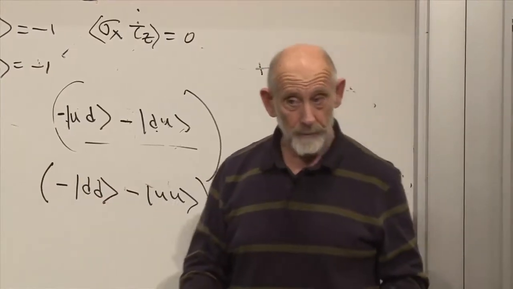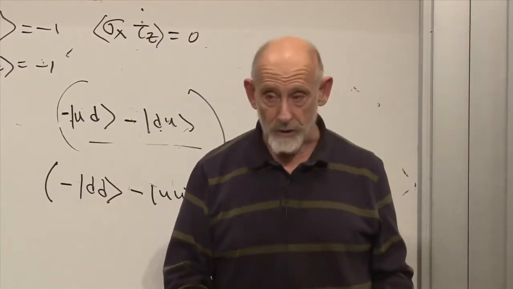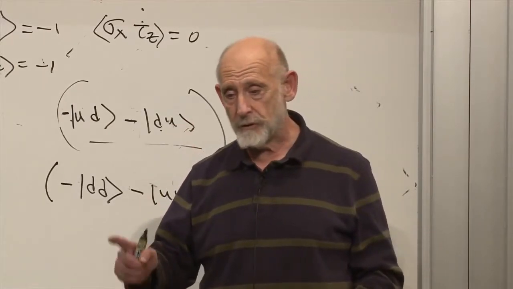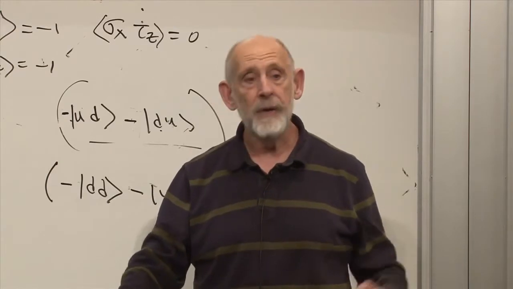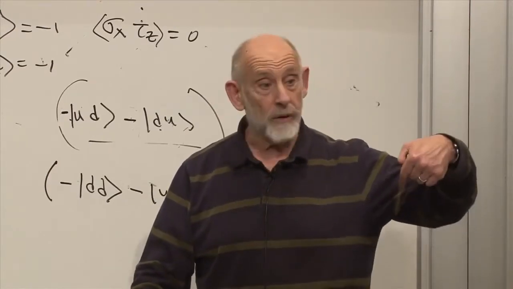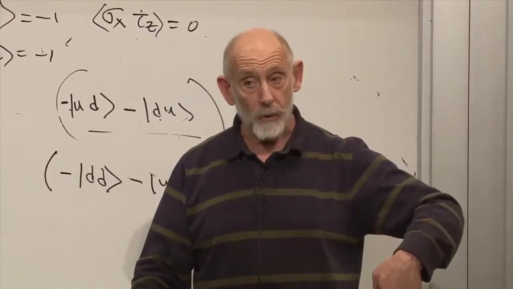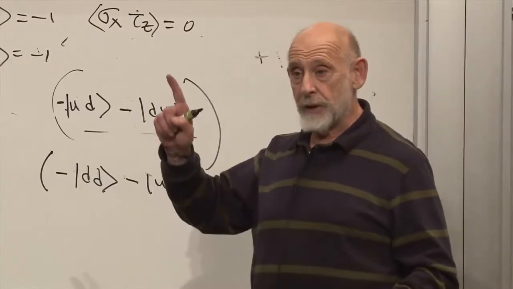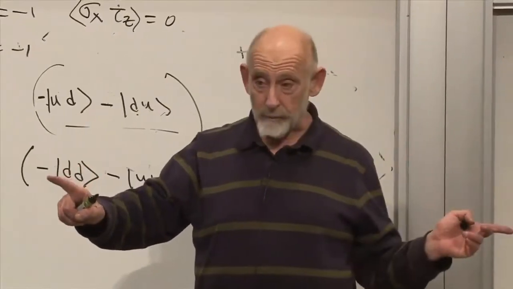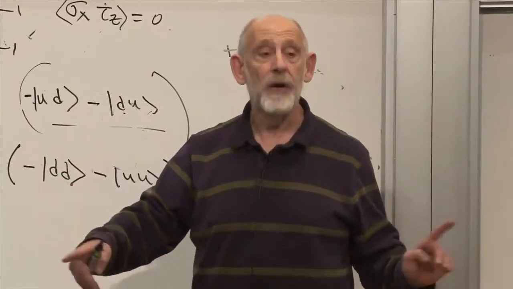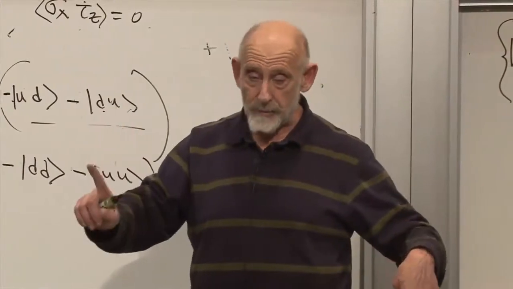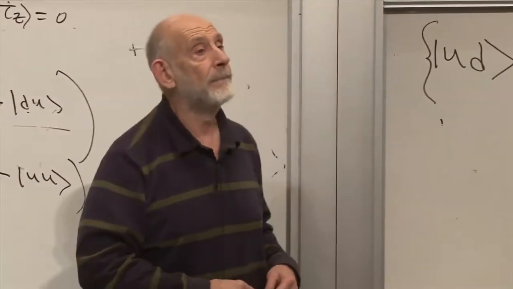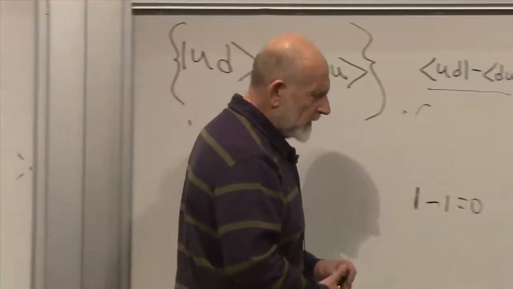It's a statistical correlation: if you measure one of the components of spin of sigma, and also the same component for the other one, they'll be opposite. It doesn't tell you much if you measure the x component of this spin and the y component of that spin. But it does tell you that if you measure the same component of either of them, they will come out opposite. This is Bell's theorem, the John Bell paper.